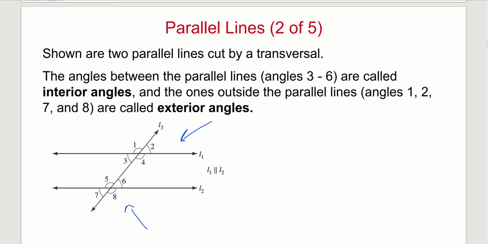Angles 3, 4, 5, and 6 are referred to as interior angles. The reason why they're called interior angles is because they're between the two parallel lines. Angles 1, 2, 7, and 8, which are outside of those parallel lines on the exterior, are referred to as exterior angles.